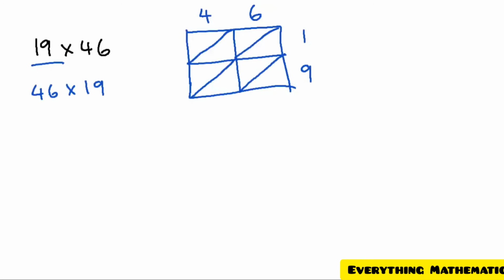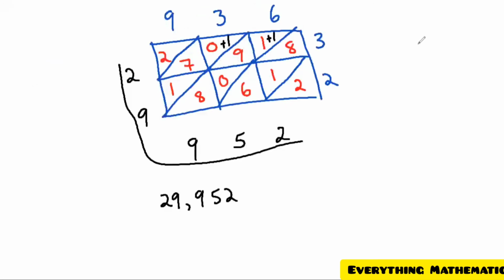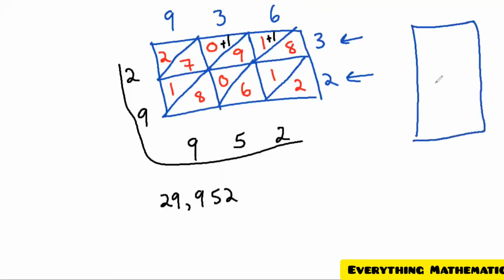If I go back to the second example here, the same thing could have happened. You have 3 digits here and you have 2 digits here. Nobody says the 2 digits have to be on this side or this side. If you wanted, you could have put the 2 digits on top. But of course, that simply means that your shape would have been shifted. So you would have had something like this instead. And that's okay. That would not affect the answer.